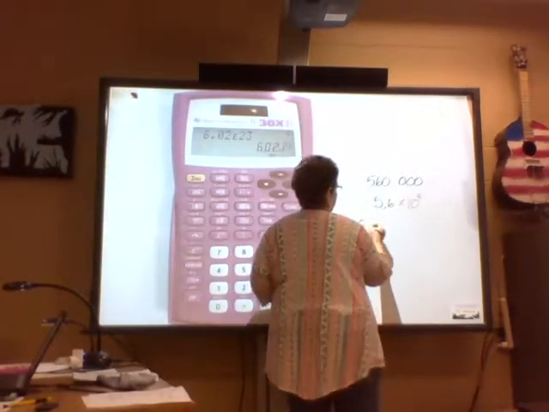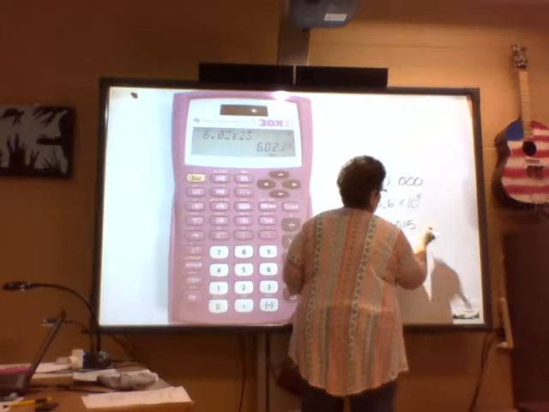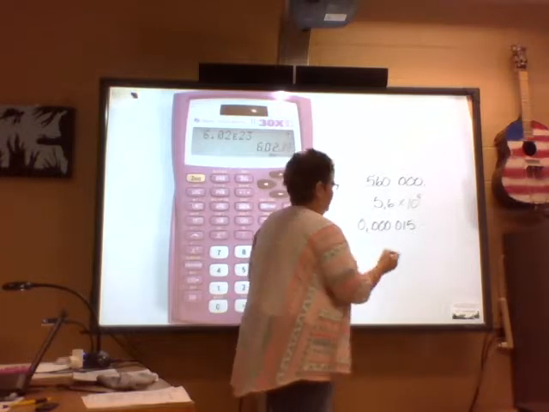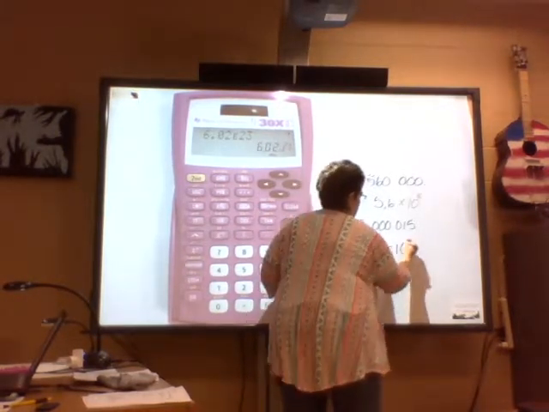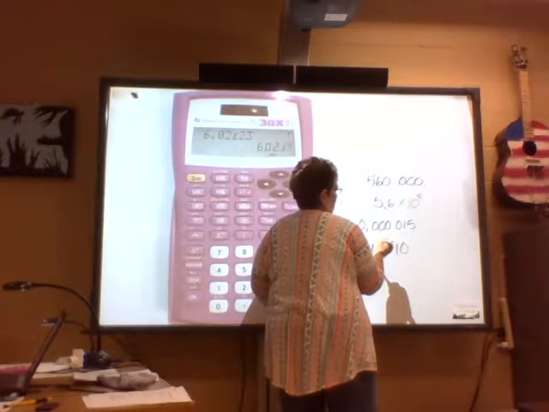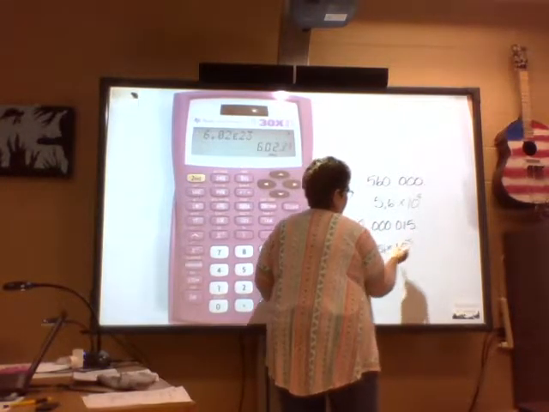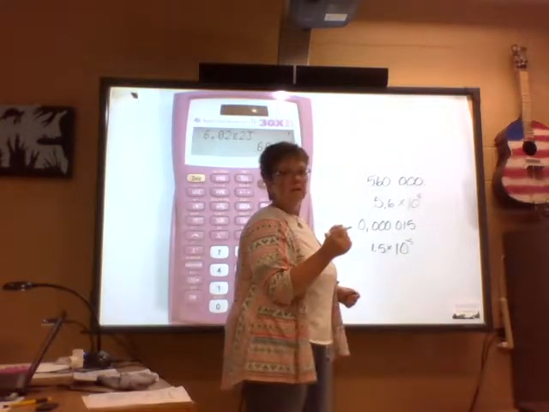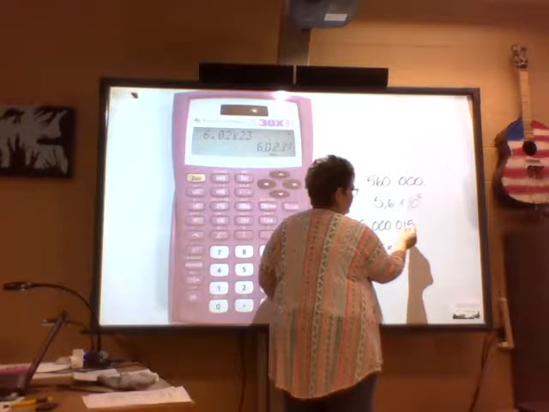So you have this: 1.5 times 10 to the negative 21. Yes? Because I'm counting 1, 2, 3, 4, and moving it to here.